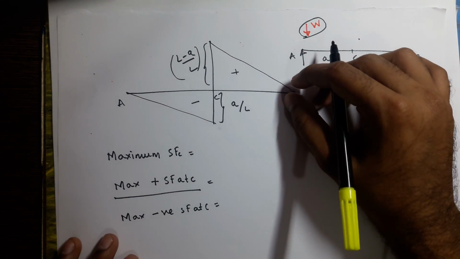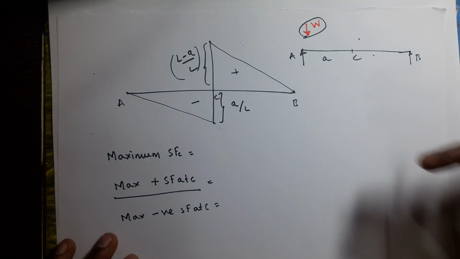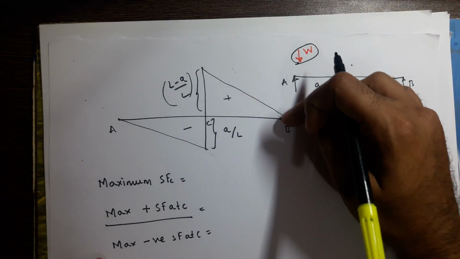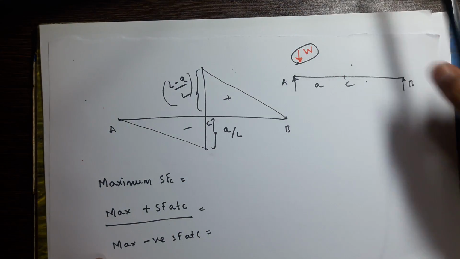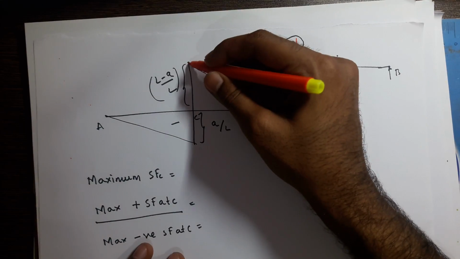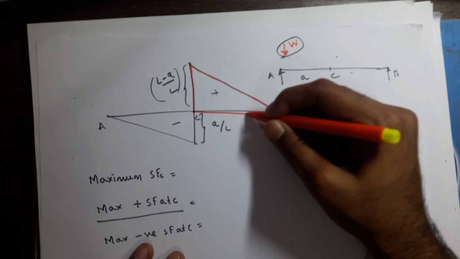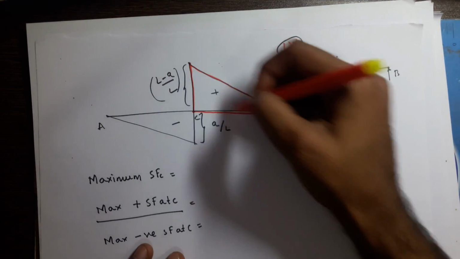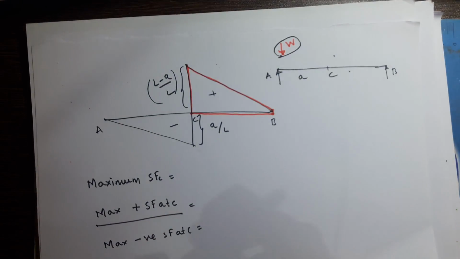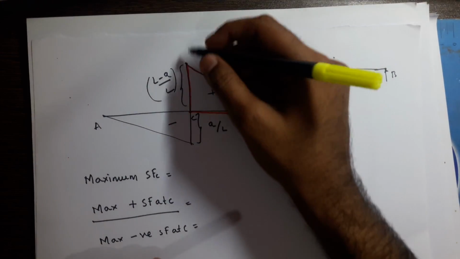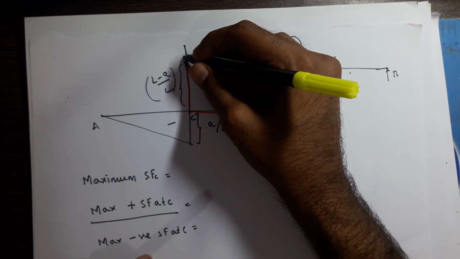So where you are having maximum positive ordinate for shear force at C, if you look at the diagram, this part of the diagram is positive shear force, positive influence line diagram. And where you have maximum? Here at this point. So you have to place the load here.